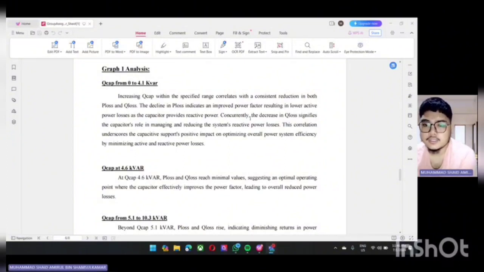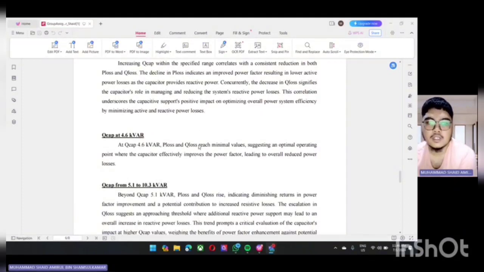Currently, the decrease in Q losses signifies the capacitor's role in managing and reducing the system's reactive power losses. This correlation underscores the capacitive support's positive impact on optimizing overall power system efficiency by minimizing active and reactive power losses.